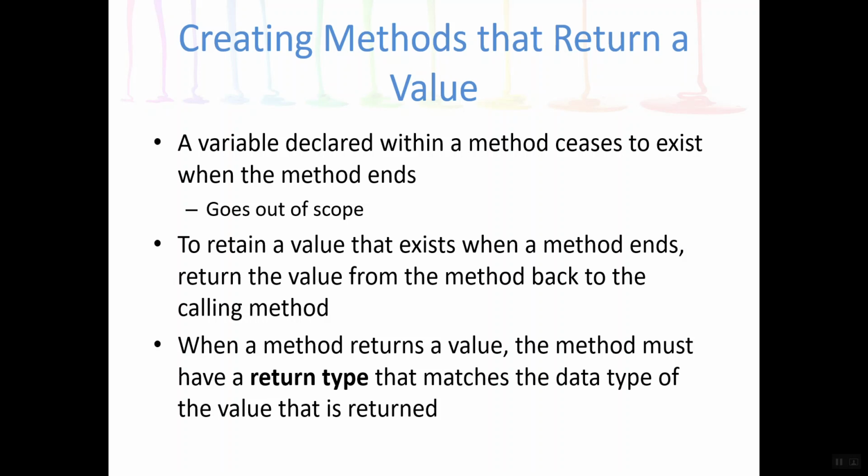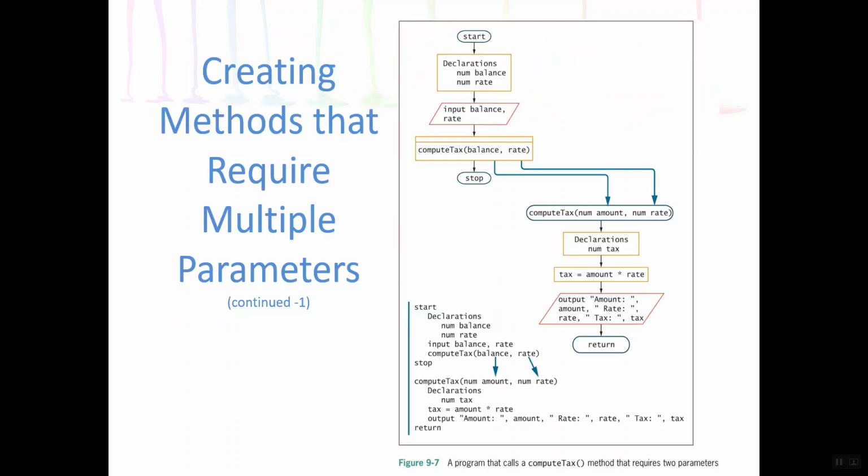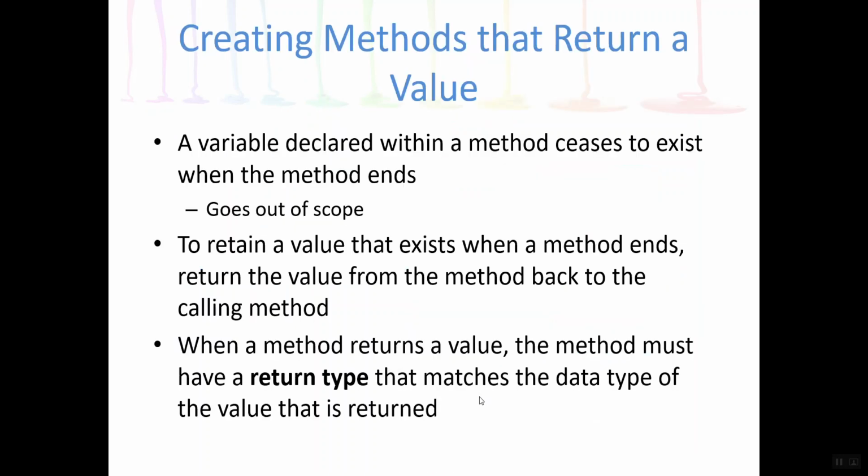So if we go back to that example for a second, now this particular example calculates tax and it outputs it for the user and it calls it a day. But if we wanted to not output the tax here, but instead retain that information, we would want to change our method to return tax. And that is possible to return a value back to the calling method.